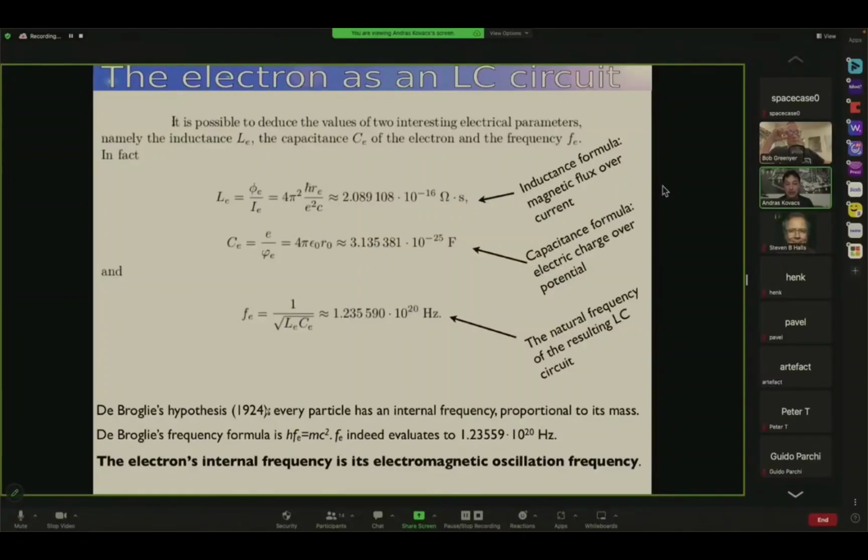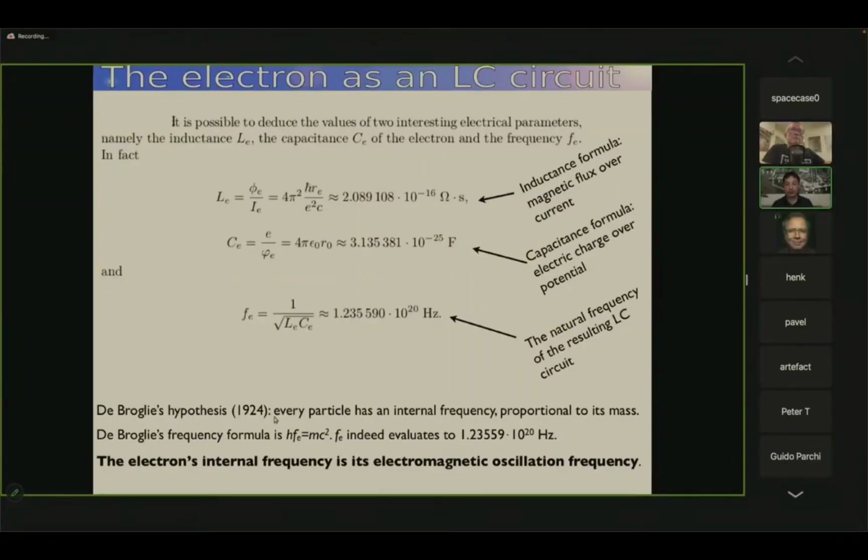Now, in 1924, de Broglie had this hypothesis that every particle has an internal frequency proportional to its mass. So de Broglie's formula is that h times the frequency is mc squared. And if a positron and electron annihilate, then the resulting electromagnetic radiation indeed has this frequency.